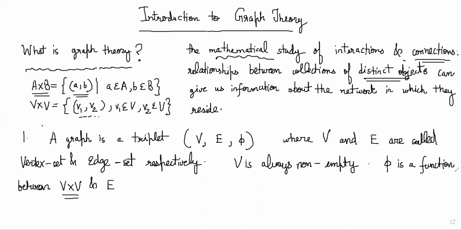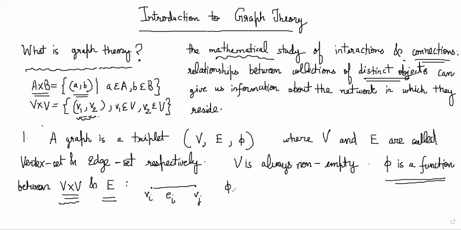So what is phi now? Phi is a function from V cross V to E. The edge set is a set of edges, and each pair of vertices is linked to one particular edge, right? So phi tells us that between these vertices, let's say Vi and Vj, there is a particular edge, called Ei, let's say.